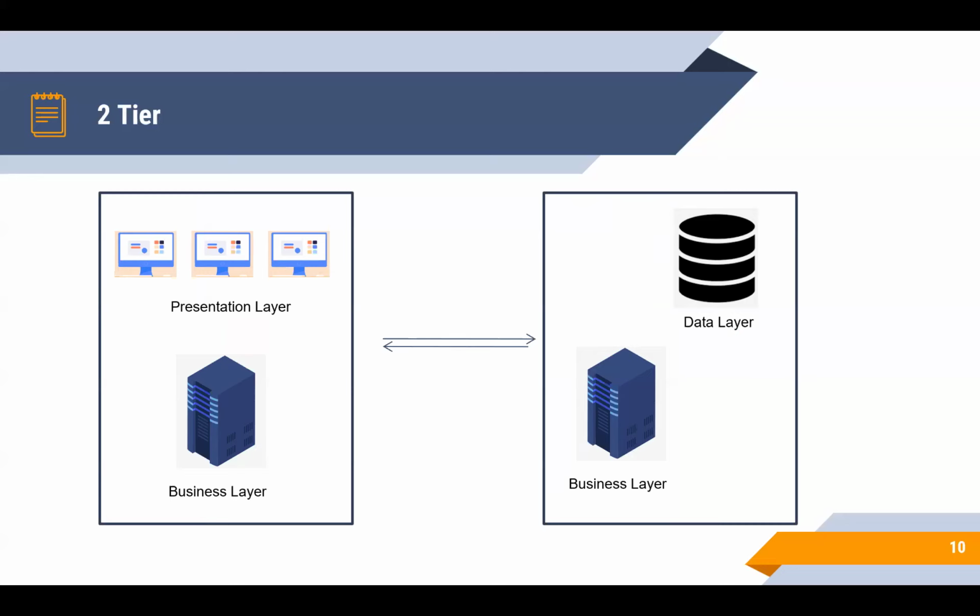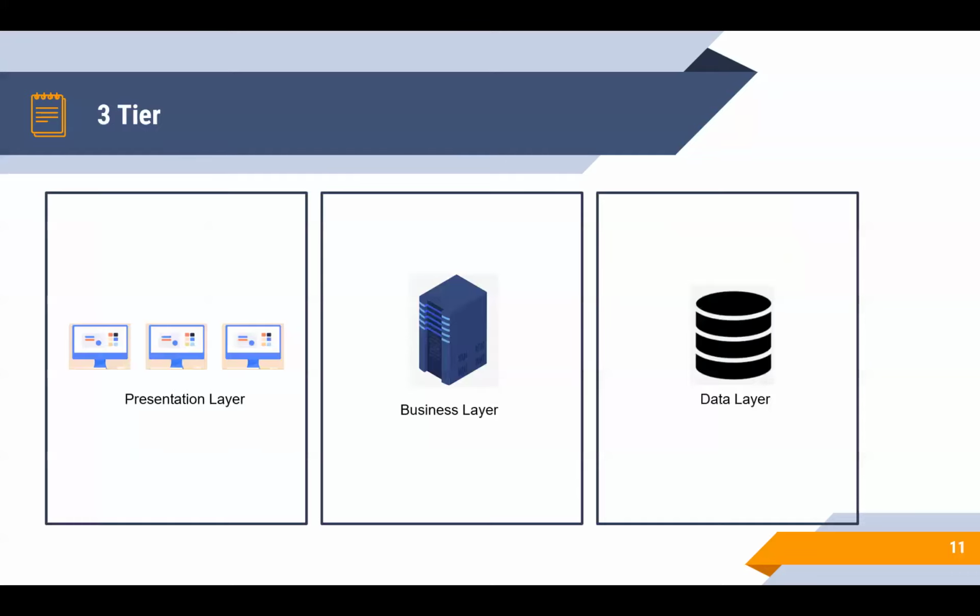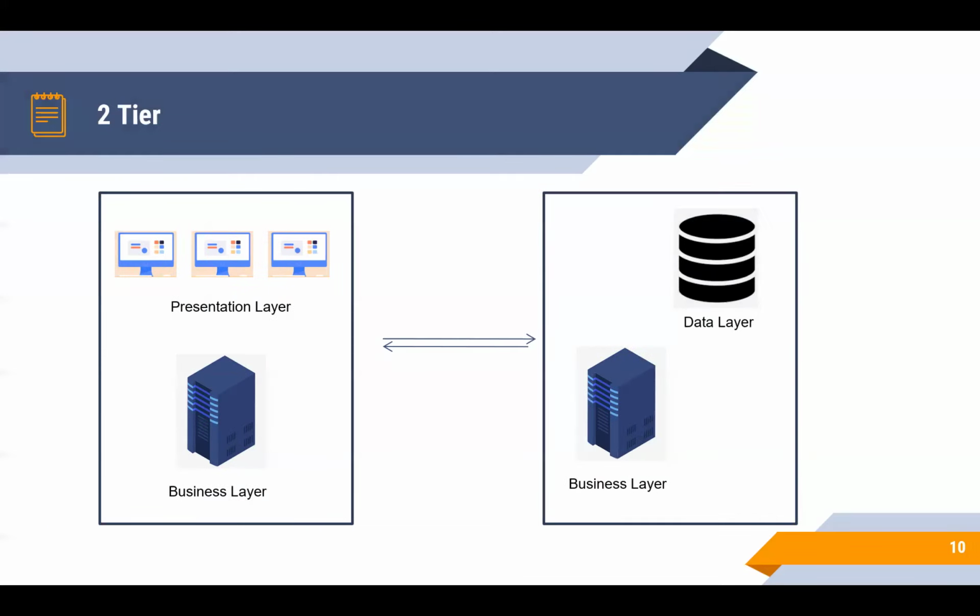In two tier architecture, there are two different machines. In one machine, we have kept the presentation layer, and in another machine, let's suppose we have kept the database.